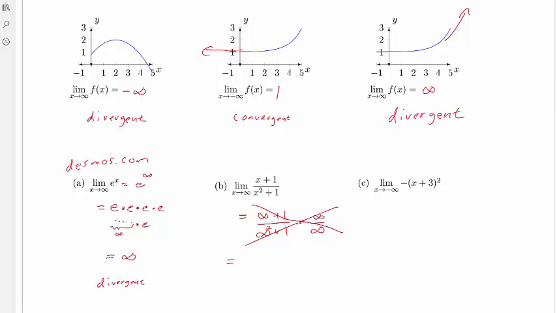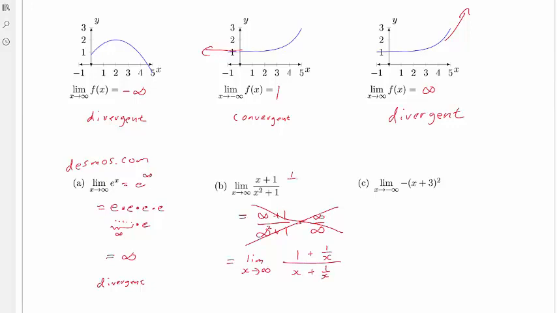So we have here the limit as x goes to infinity, and we're going to divide everything by the lead term at the top here. We're going to divide everything by x. Okay, so you divide everything by x, top and bottom, and you'll get 1 plus 1 divided by x, and the bottom, x squared divided by x is just x, and then we got plus 1 over x, right?